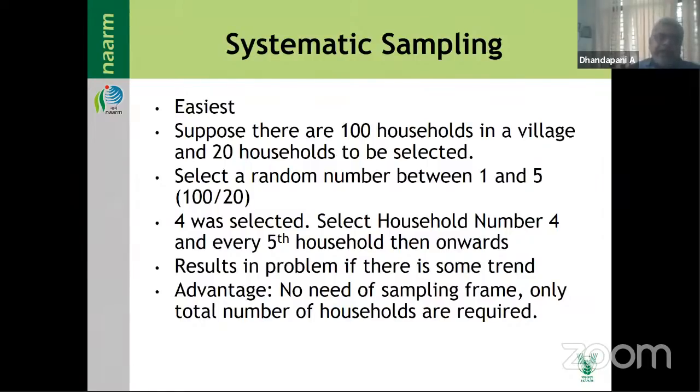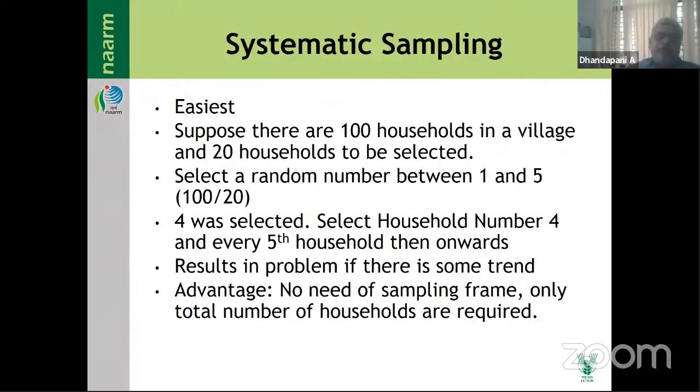Now, another simple sampling procedure, which is again very easy. Again, I'm just taking a simple example to make you understand how it is useful. Say there are 100 households and I need to select 20 households.